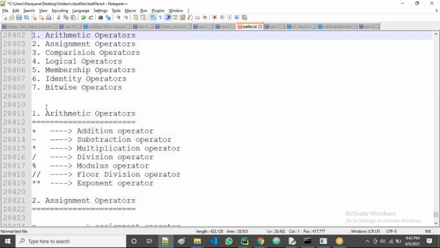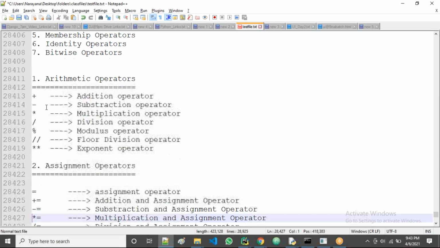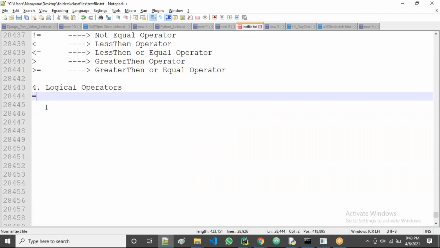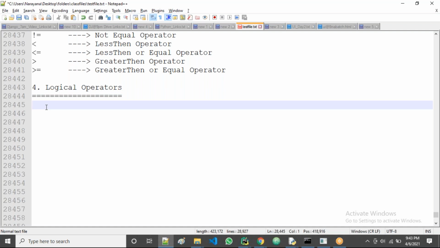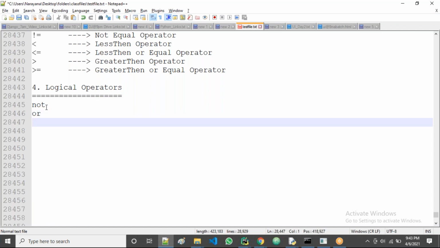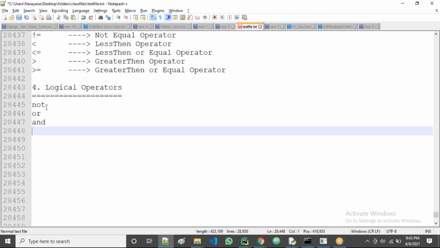Next one, the fourth one is the logical operators, guys. The logical operators are not, or, and. So these three are the logical operators.